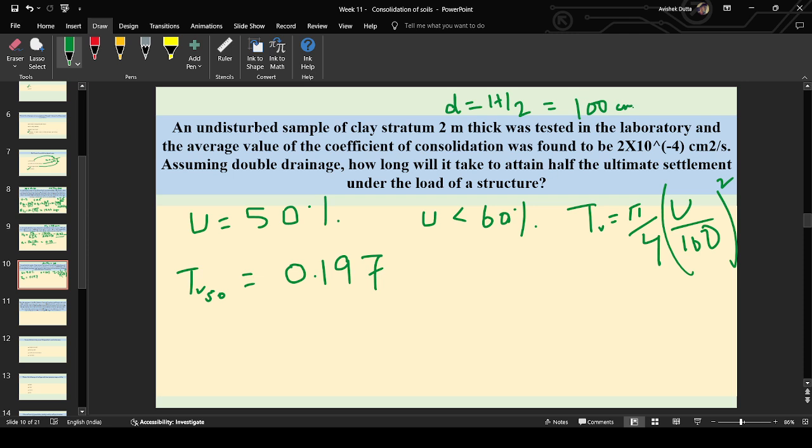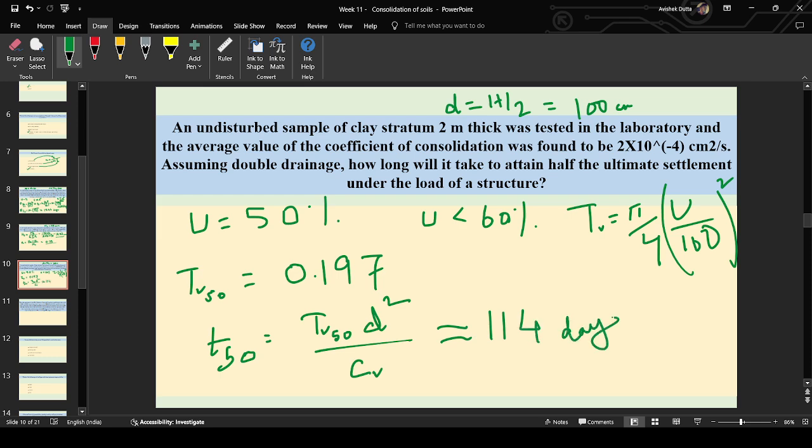So the time taken for 50% consolidation or half settlement is equal to Tv into D square divided by Cv. Put the values, and you get approximately 114 days, converting everything.